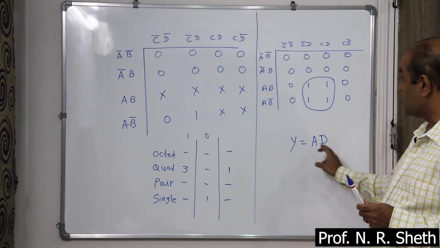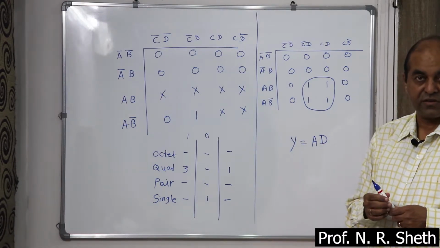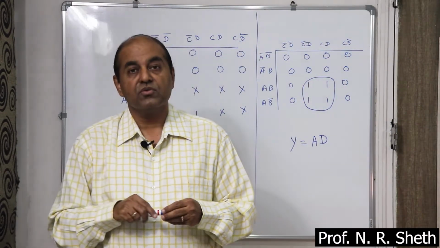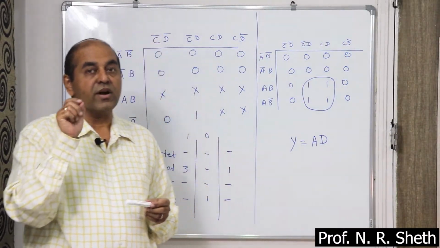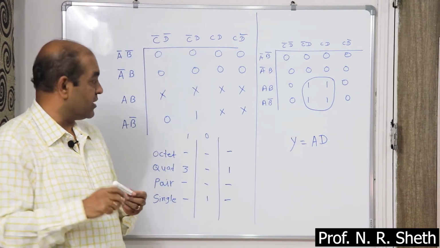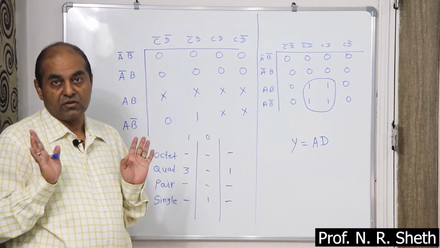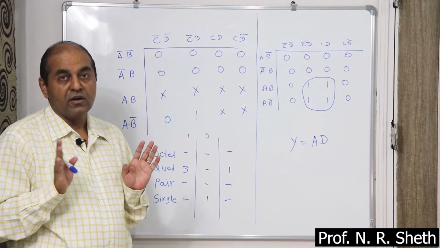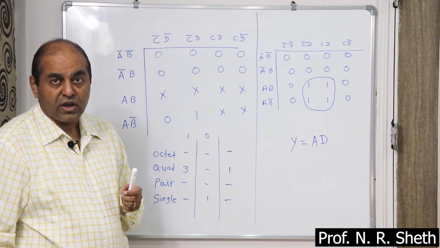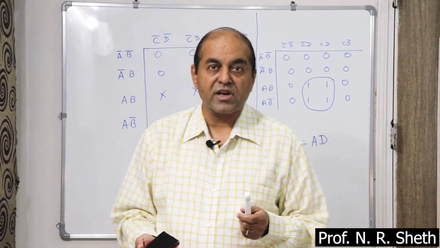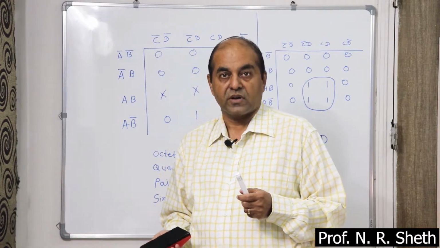So this is the correct circuit. So it looks simple, but you have to place 0 and 1 appropriately. Otherwise, your answer is wrong. Clear? Okay. So 3 more examples we are going to discuss. Normally such type of question is asked for 7 marks. Okay.